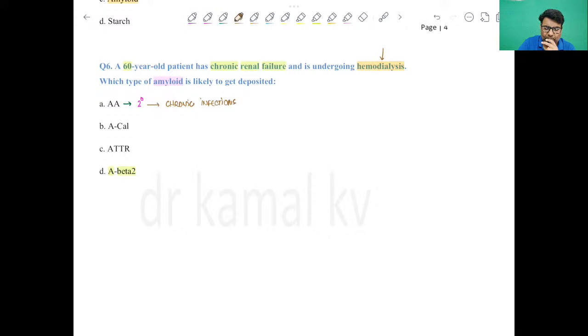It can be bronchiectasis, or it can be chronic osteomyelitis. Clear? So AA in secondary amyloidosis.